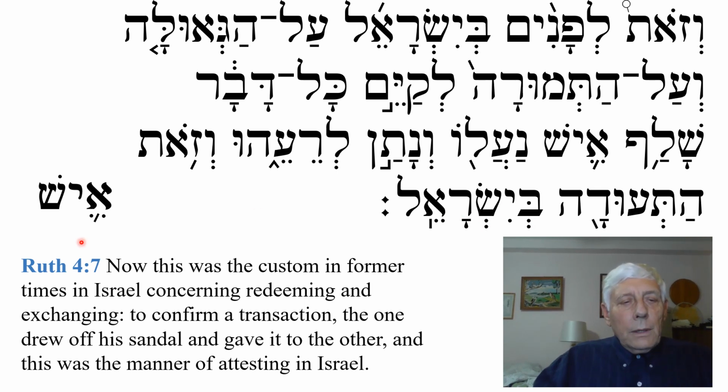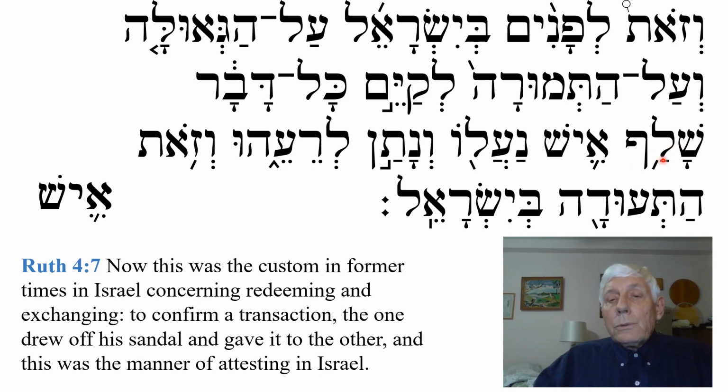And here we have ish, and so this is each person, each one, the one. In the translation it comes out as the one, ish. So each person, this is how to settle the matter. Shalaf, to pull off, to pull away.